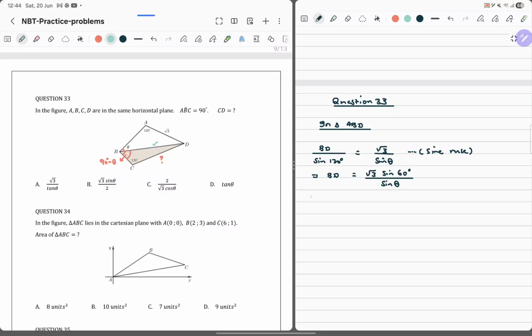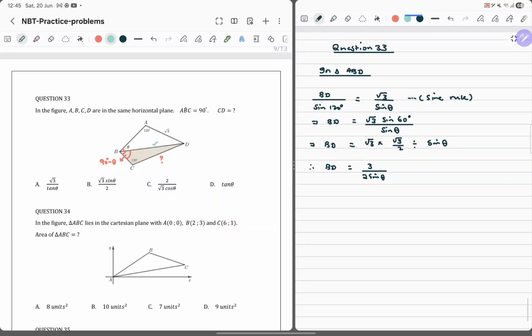Right, so we know that BD is root 3 times sine 60, which is root 3 over 2, all divided by sine theta. So therefore BD is going to be 3 over 2 sine theta. So please guys know how to simplify this without sweating. Nice.